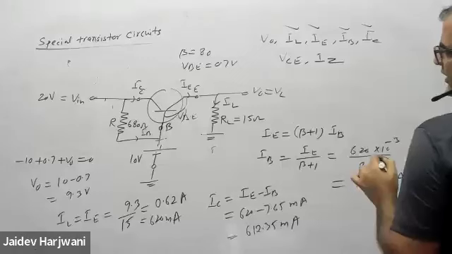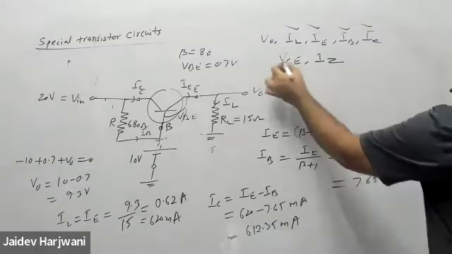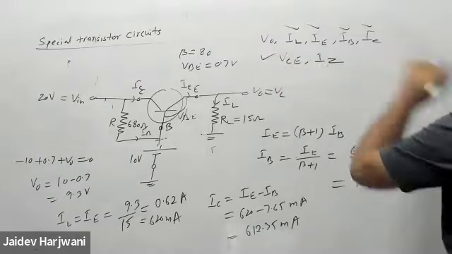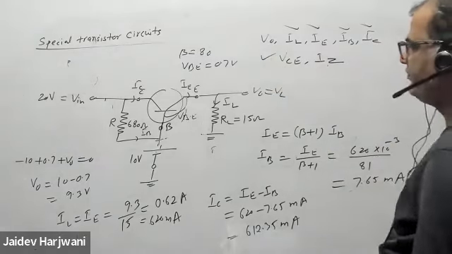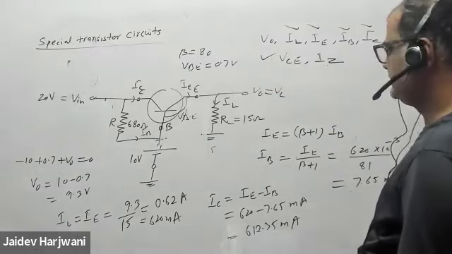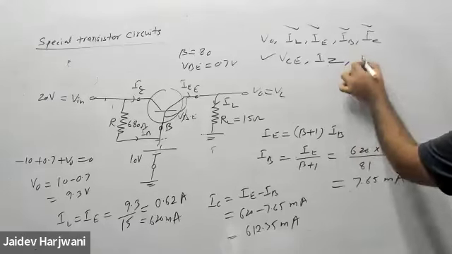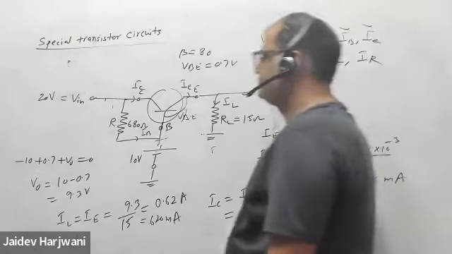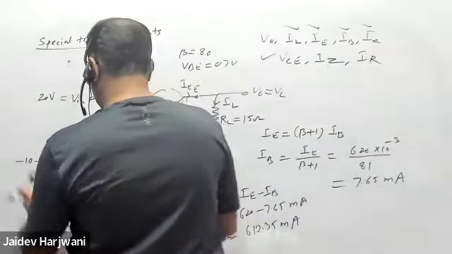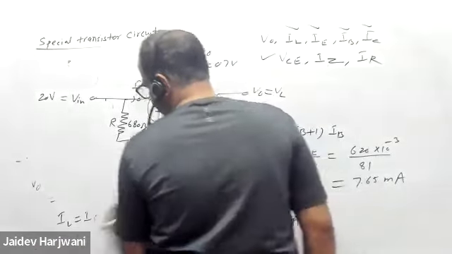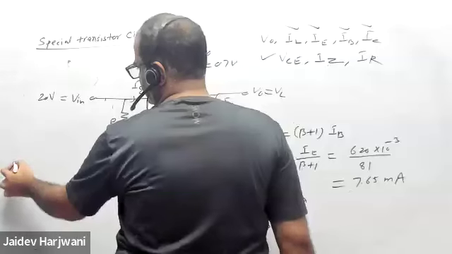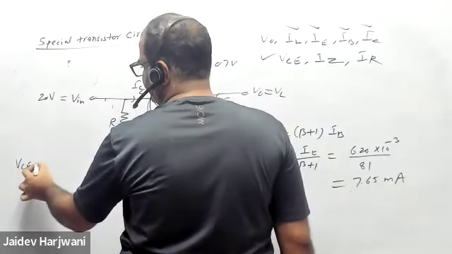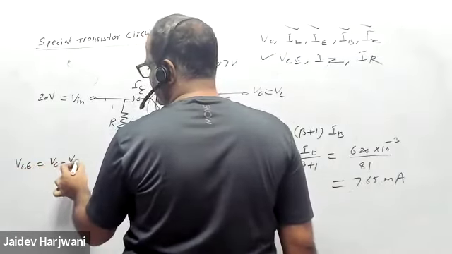Now you want to find VCE and IZ. And you can also find the current in the resistance, IR. So VCE will be how much? VCE is basically VC minus VE.